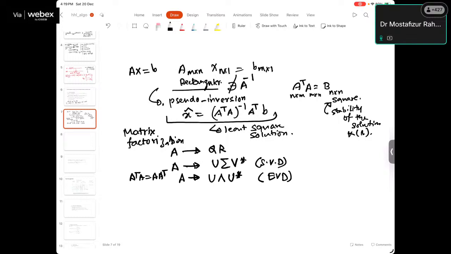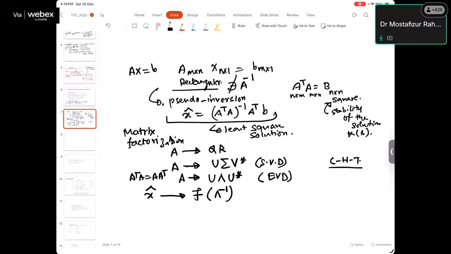And then people also derive this X hat computation, where if you put, instead of A transpose A, all these U lambda U star values there, you can find that this is proportional to f of lambda inverse. So I should put this inside the inverse part. There is a theorem called the Cayley-Hamilton theorem.